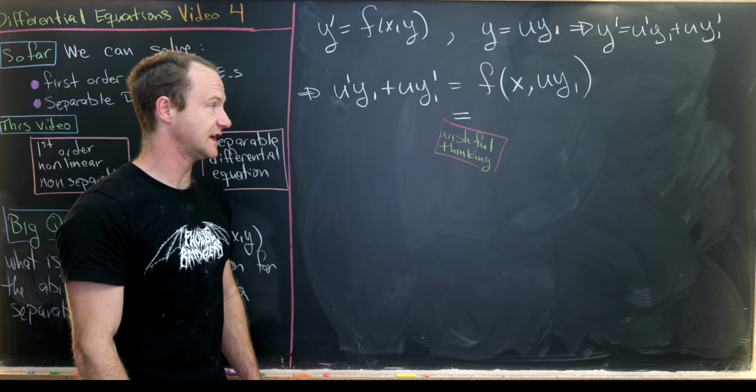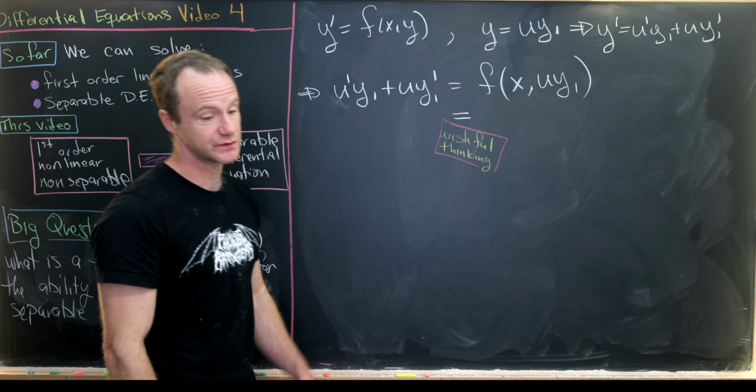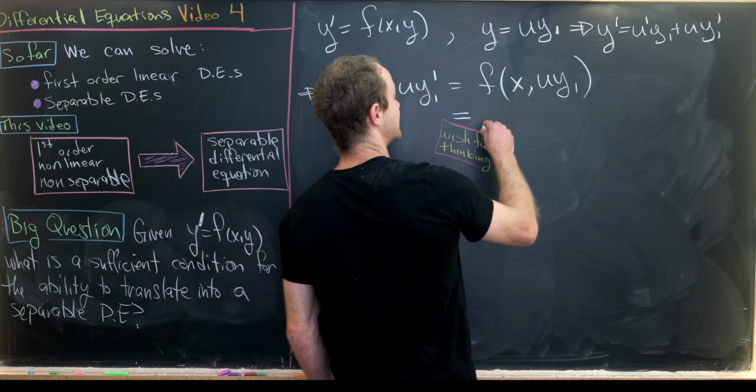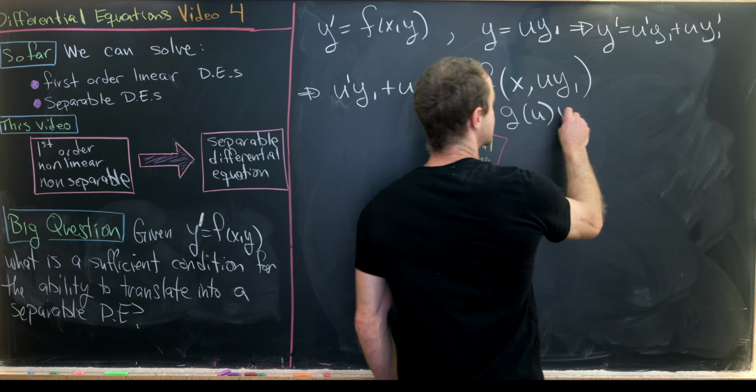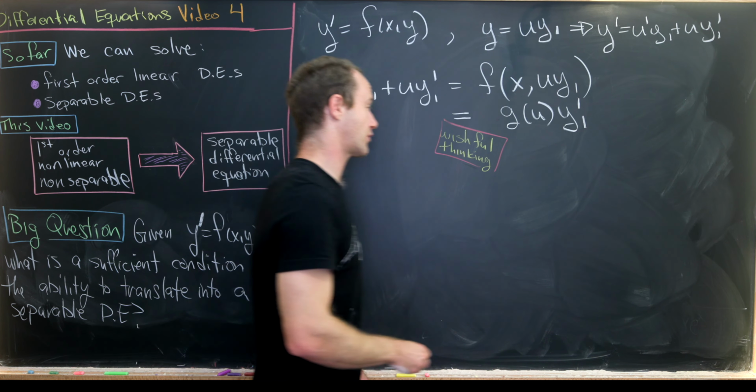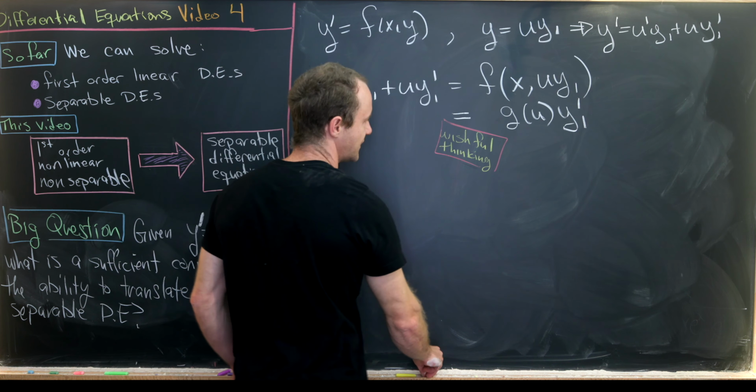So our wishful thinking is that we can choose y1 so that this thing over here turns into a function of u times y1 prime. So let's put that in here.